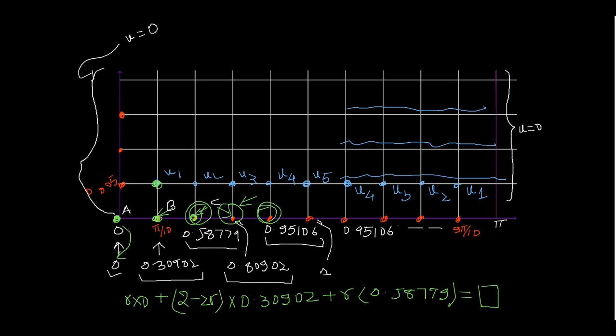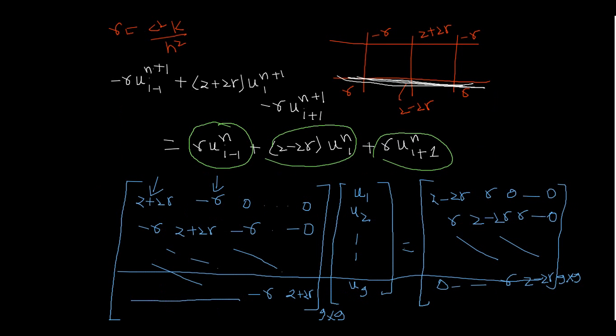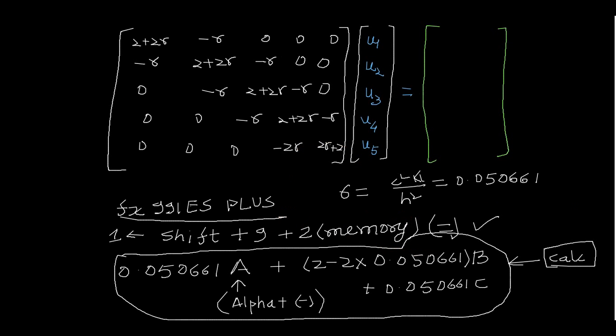You will get the answer 0.616502. After that, you again press equals. Again it will ask for A, B and C. Now your A, B and C have changed.